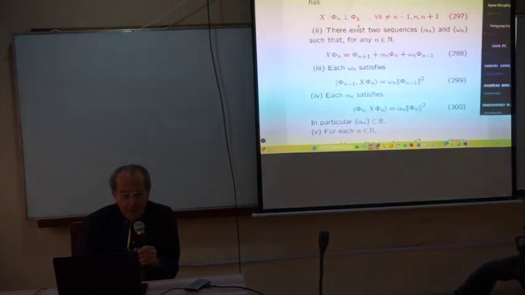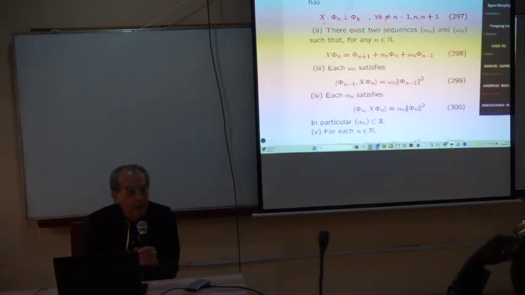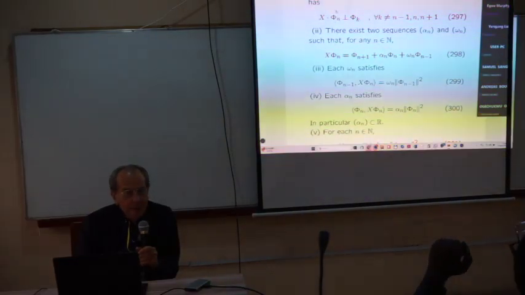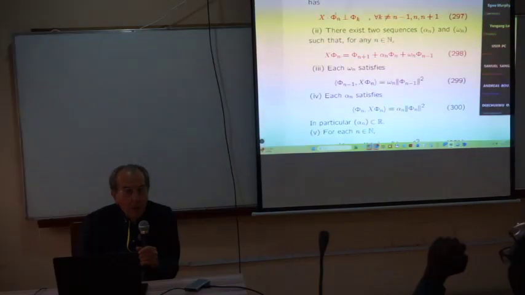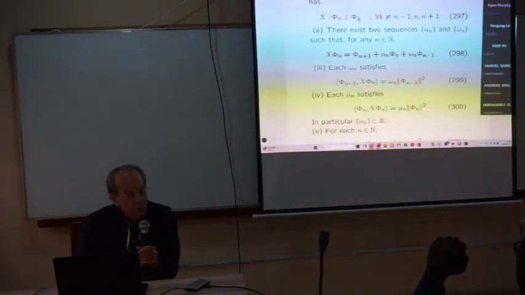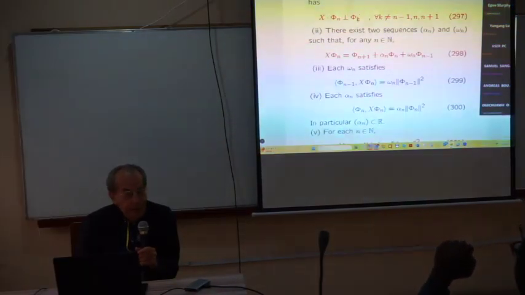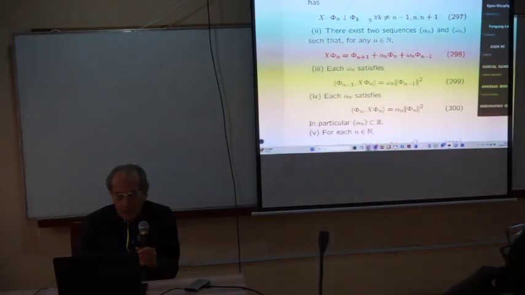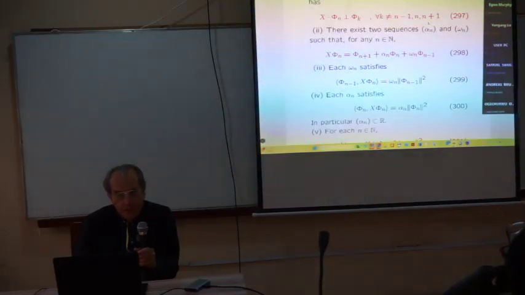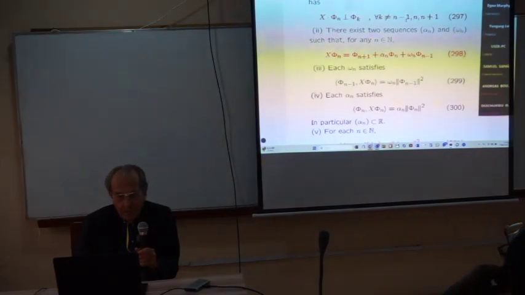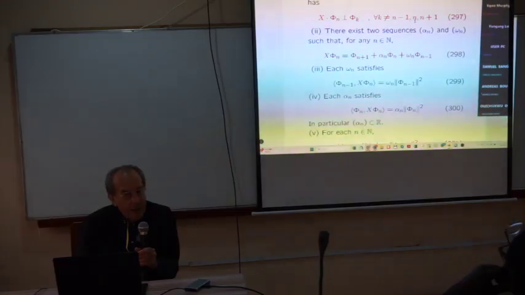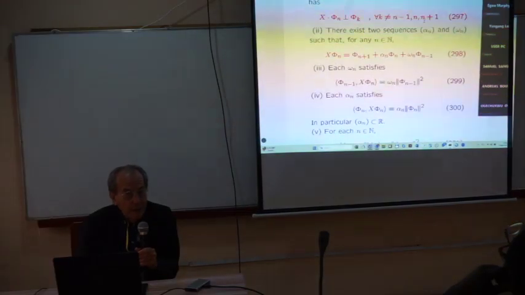What does it say? It says that if I multiply the nth orthogonal polynomial by x, then I obtain a new polynomial which is orthogonal to all other polynomials with the exception of only 3 indices: n minus 1, n, and n plus 1.